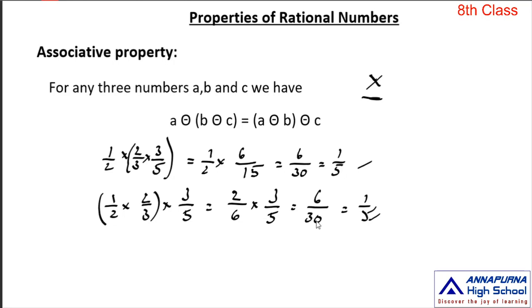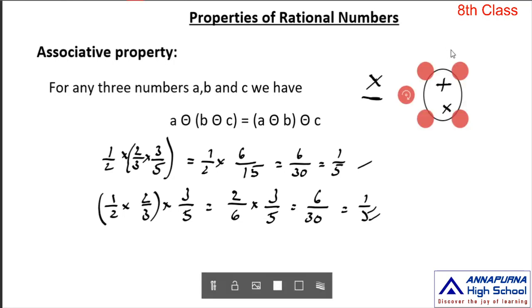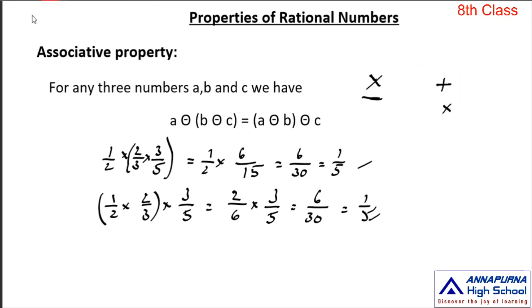The collection of rational numbers satisfies this associative property with respect to addition and multiplication only. So with respect to the subtraction and with respect to the division, the collection of rational numbers does not satisfy the associative property. So this is the third most important property.